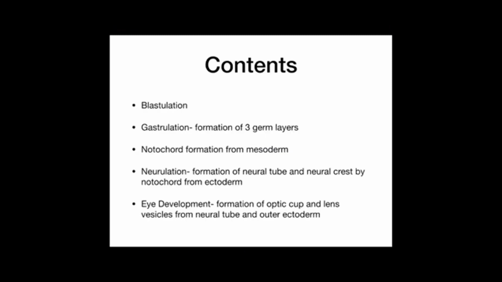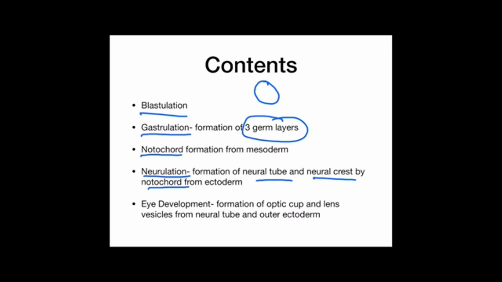In my previous video, I discussed blastulation, formation of blastula from zygotic cell, and gastrulation, formation of three germ layers from single cellular blastula, and development of notochord from blastopore or primitive node. Then we discussed neurulation. In neurulation, we observed formation of neural tube and neural crest from ectoderm by notochord. In this video, I would like to focus on the eye development.